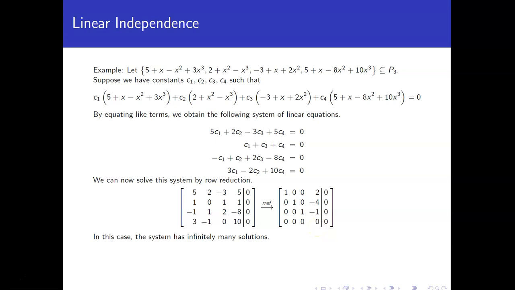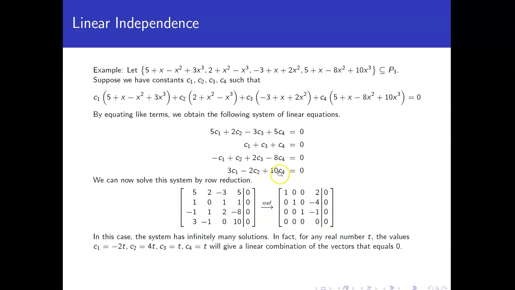Well, when we have a free variable, we get infinitely many solutions. In fact, for any number t that we pick, we can figure out what the solutions are. This gives us a linear combination that gives us 0. So for example, if I get -2 for C1, 4 for C2, 1 for C3, and 1 for C4, if we do that addition, we will get 0.